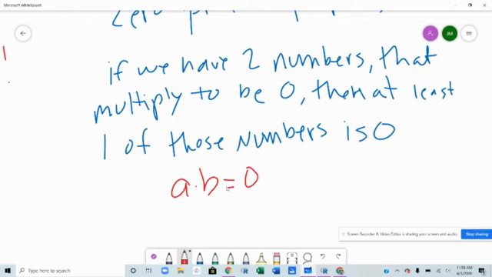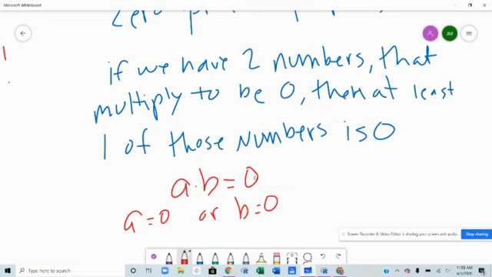So when you're solving your equation, you would be able to tell me that A equals 0 or B equals 0. Now you have no idea what the other number might be. If A equals 0, you don't know what B is. B could be 1,472. You don't know. But you know that A equals 0, and that works for your equation. Same thing if B equals 0: you don't have any idea what A is, but you know that B equals 0 gives you this answer.